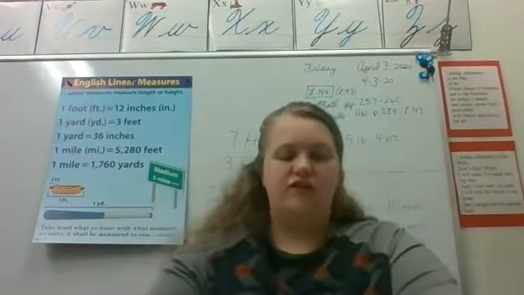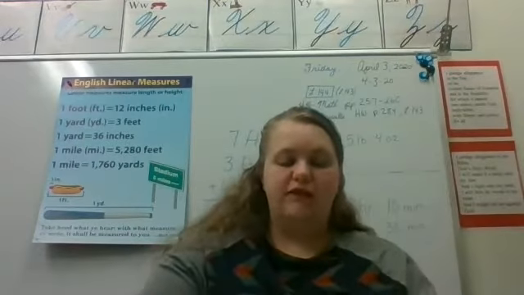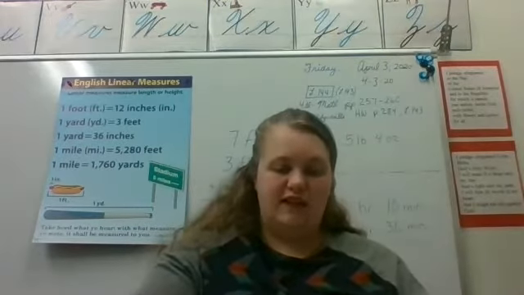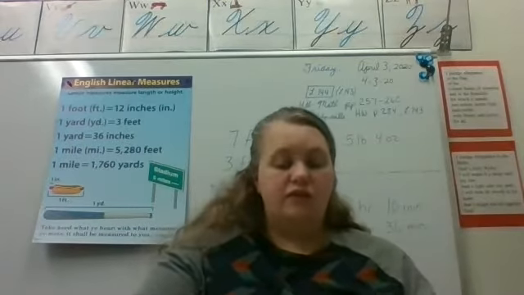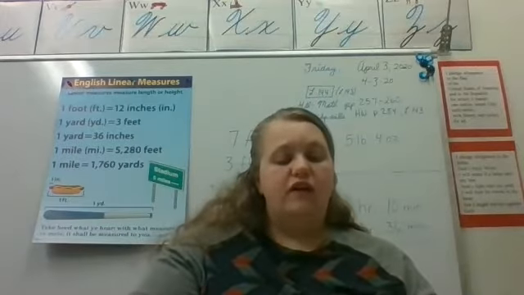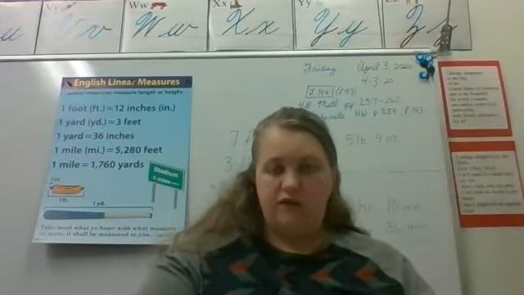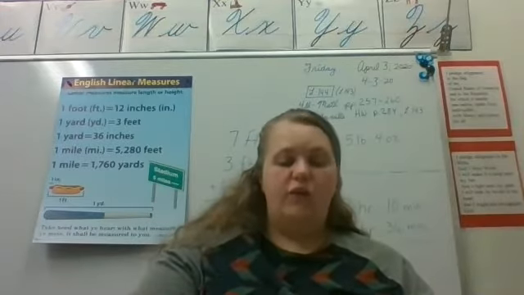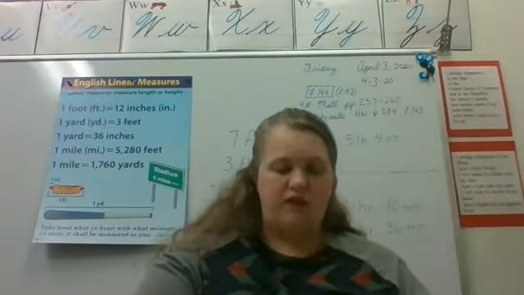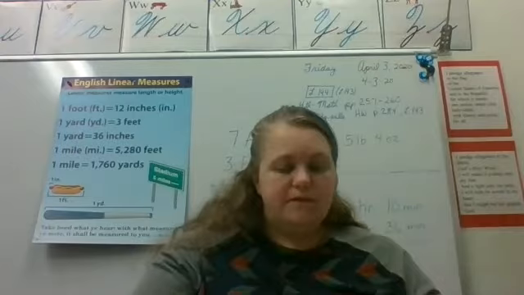So 16 ounces are in a pound, so 16 plus 3 is 19, and we could say 19 ounces. But 1 pound and 3 ounces we could combine, and 3 out of 16 would be 3 over 16 as our fraction, and 1 3/16 of a pound would be a way to simplify that.